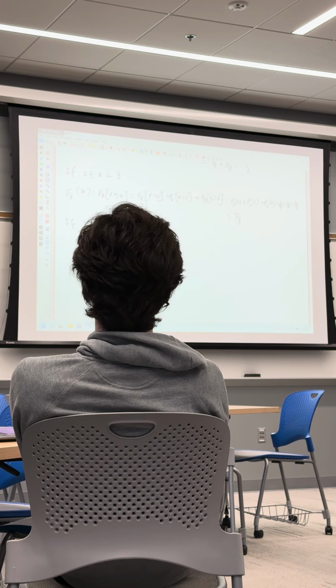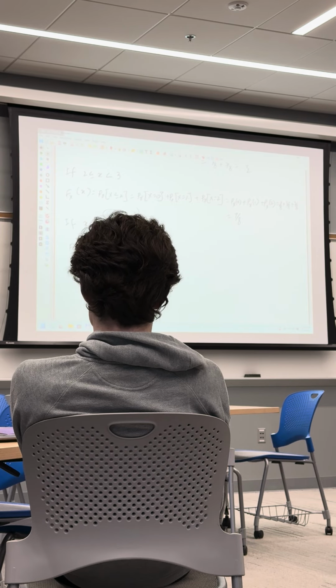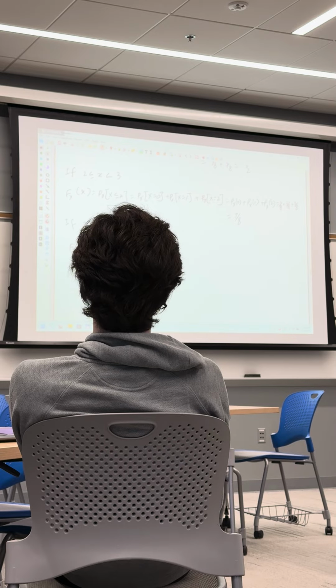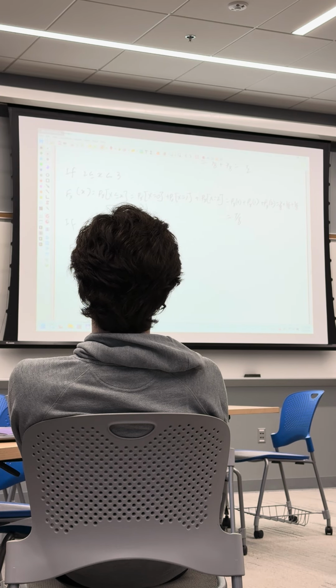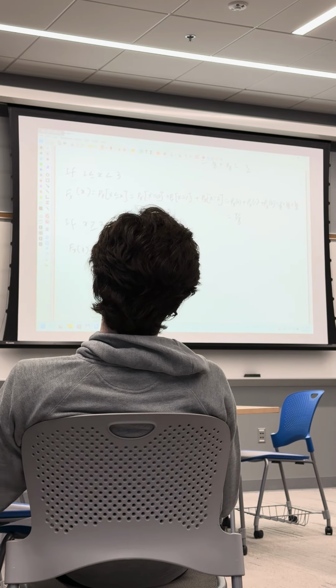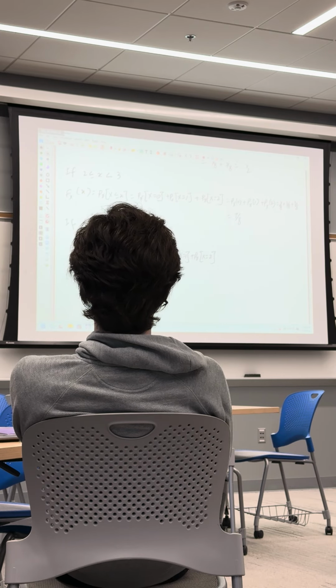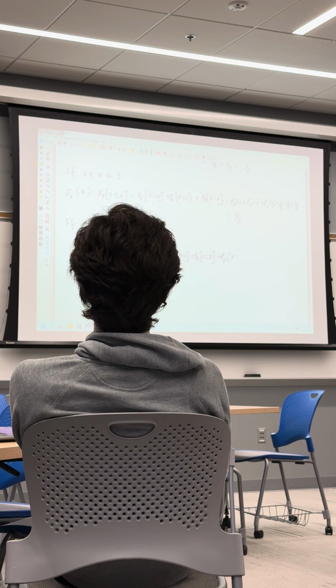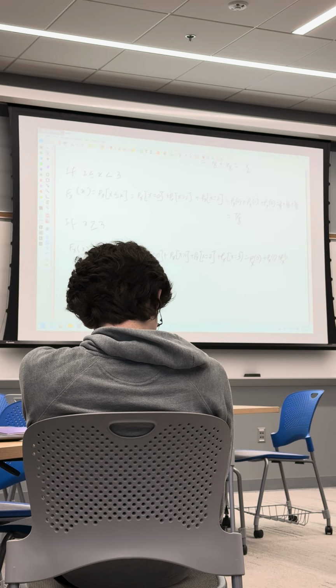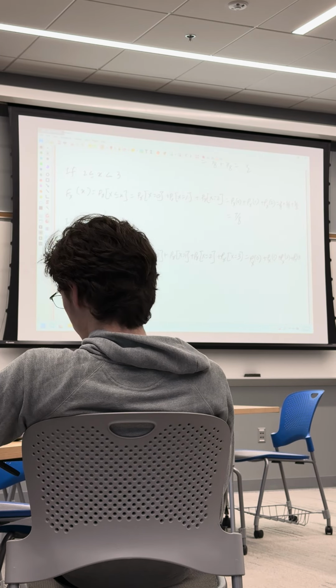If you include this condition, you have F_X(x), which is the probability that X is less than or equal to x, which can take the probability that X equals 0 plus the probability that X equals 1 plus the probability that X equals 2 plus the probability that X equals 3. By definition, these are simply the PMF of random variable X taking value 0 plus the PMF at value 1 plus the PMF at value 2 plus the PMF at value 3.